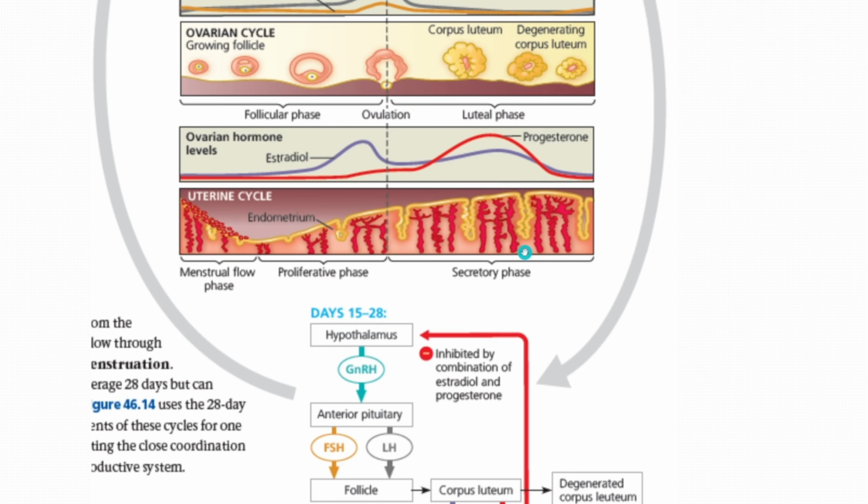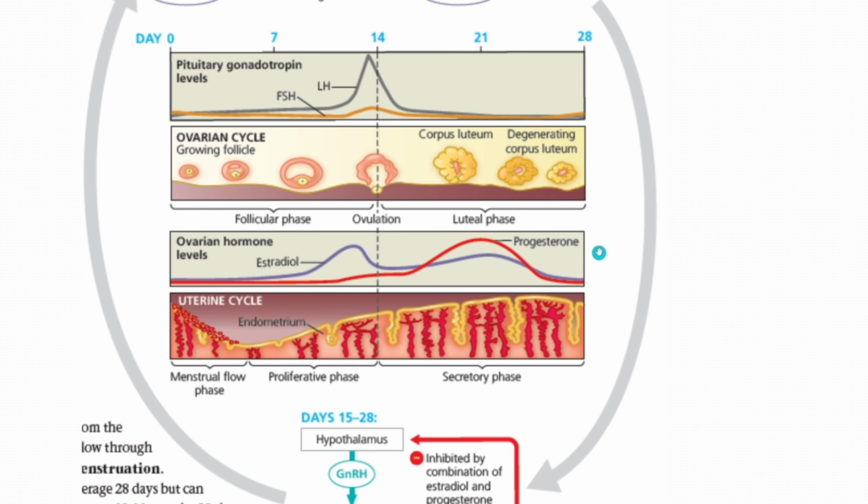So what is the function of the progesterone? Normally the progesterone is to maintain the thickness of the endometrium wall, to make sure that the endometrium wall stays highly thick and prevent it from rupturing.